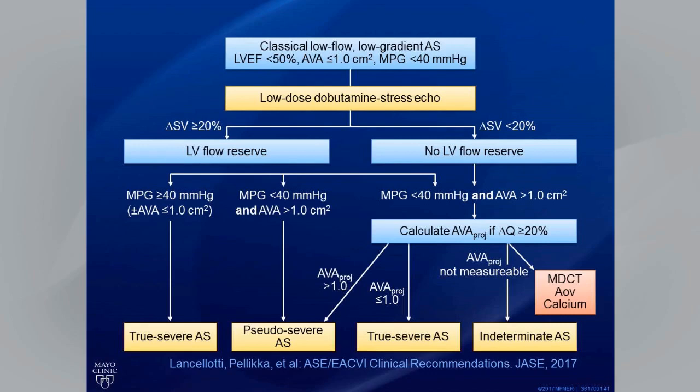And it has been suggested that using the calculated projected aortic valve area, which involves using an equation detailed in the paper that involves aortic valve area at rest plus the valve area and flow term changing with dobutamine, to determine this parameter might be helpful. Another way to evaluate these patients would be to assess the calcification of the aortic valve using CT.